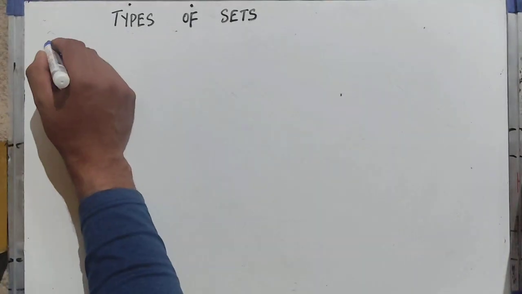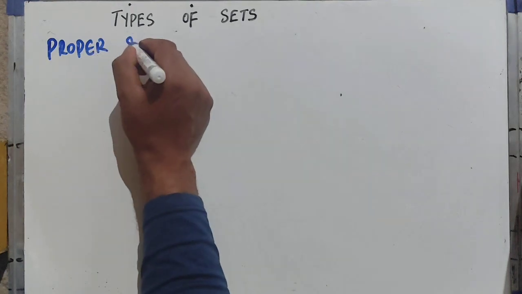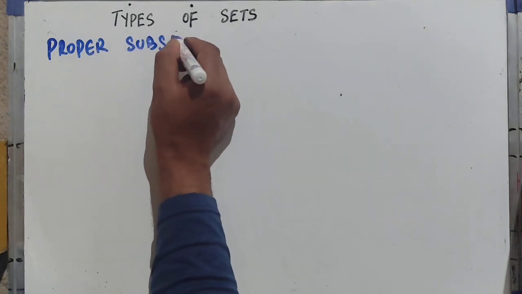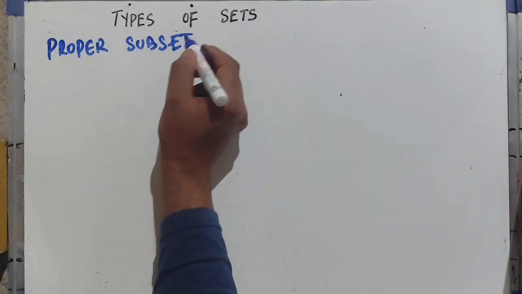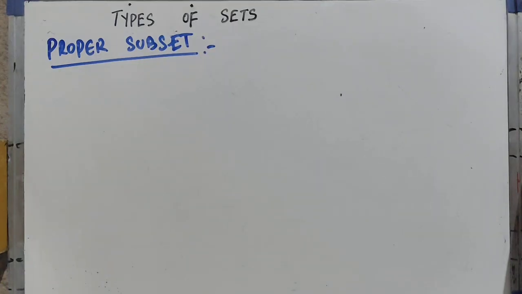Then we have proper subset and improper subset. So let us first define proper subset. Let us take two sets.